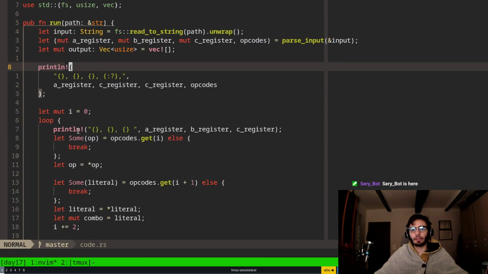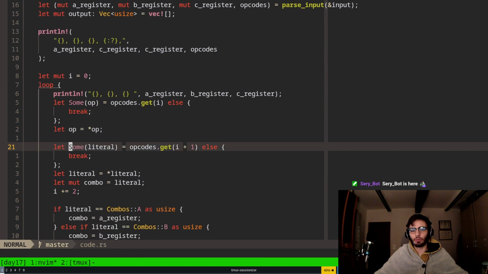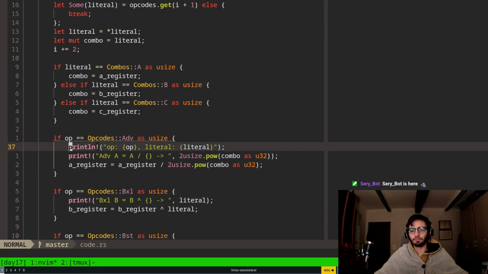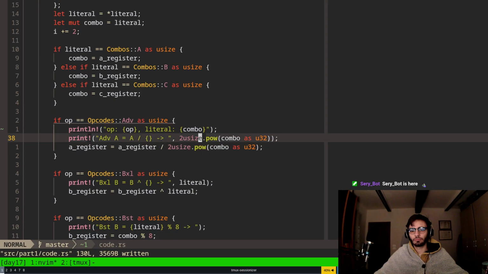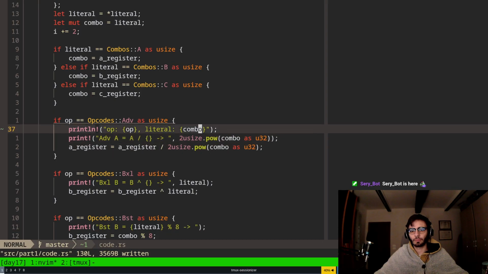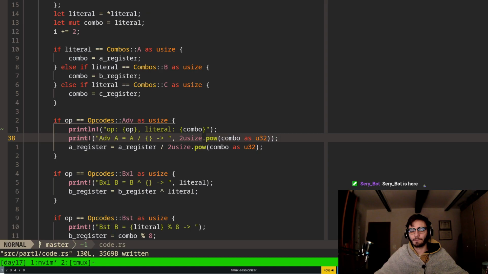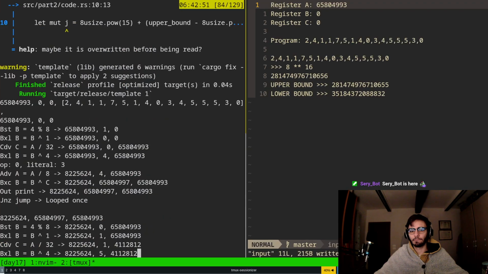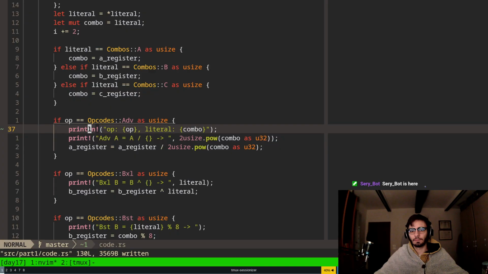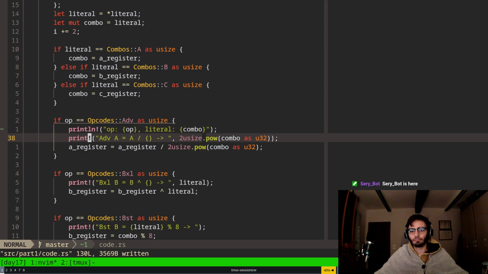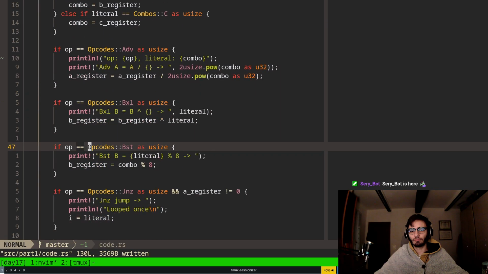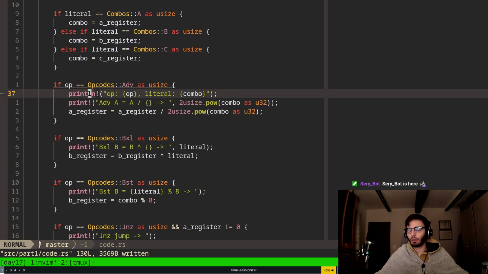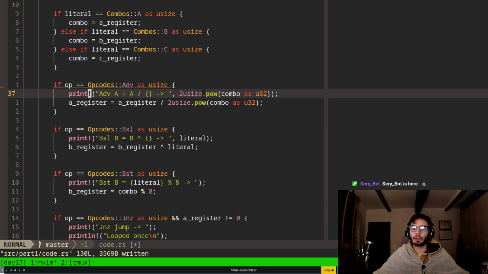I did print the literal instead of the combo, so let's fix a little bit of stuff. Oh yeah, the error prints because I don't want that.